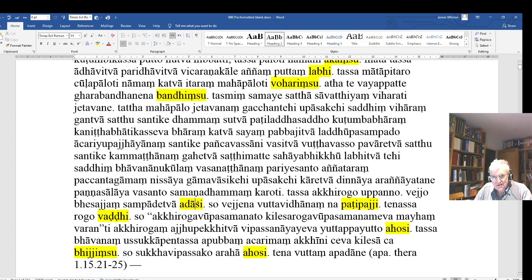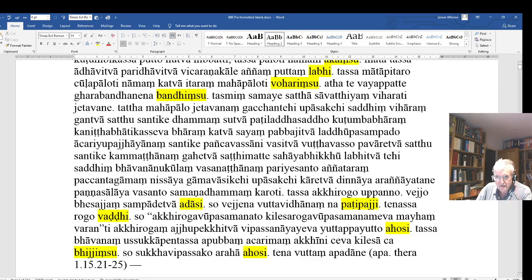Adasi, this is an S aorist where we have the S coming in, from our root da, meaning to give. Adasi, he gave. Patipadji. This kind of thing wouldn't be allowed in Sanskrit, but here we have an aorist formed off the present base, as we had with kinati, akini, vikinati, vikini.